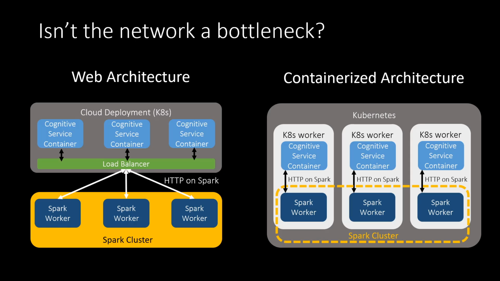So now, using the same HTTP on Spark, instead of pointing this to the web service, we can point this to the local containerized services to enrich the cluster with intelligent algorithms in a modular and independently scalable way, and avoid most of the networking, because this call will just be a local service call. Data won't leave the machine, and will just be moved from one process to another process.